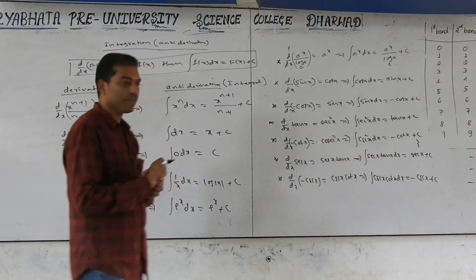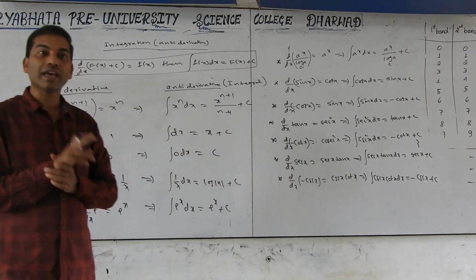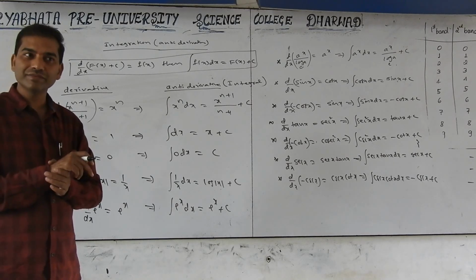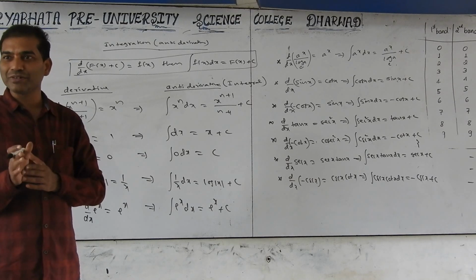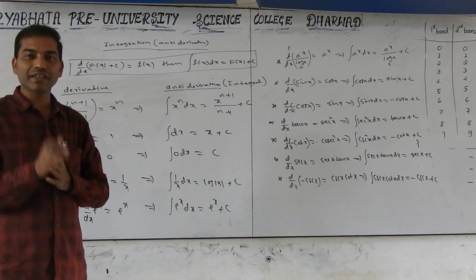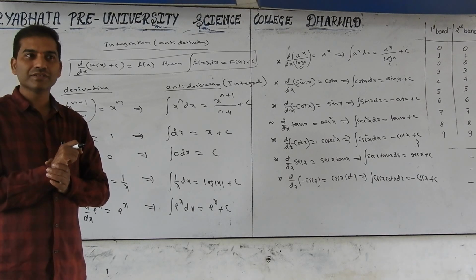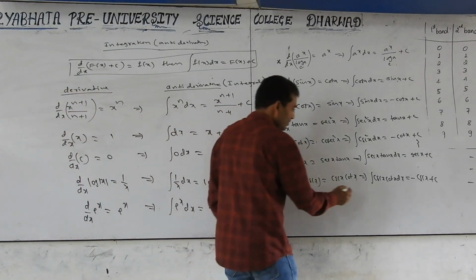Understood? Derivative of x is 1. Integration of 1 is x. Derivative of 1 is 0. Derivative of a constant is 0. Integration of a constant, one more form I have written here.